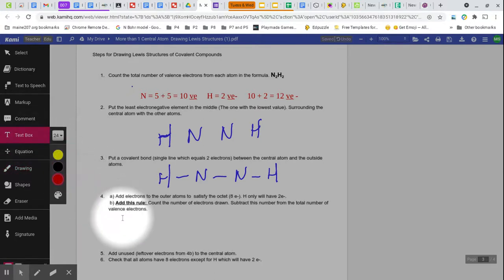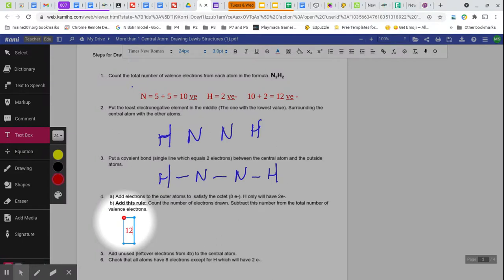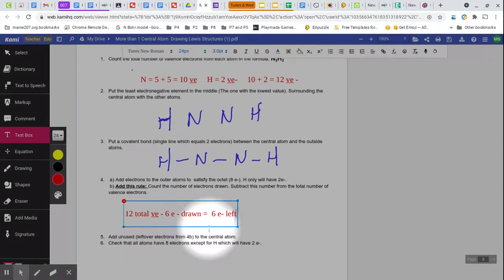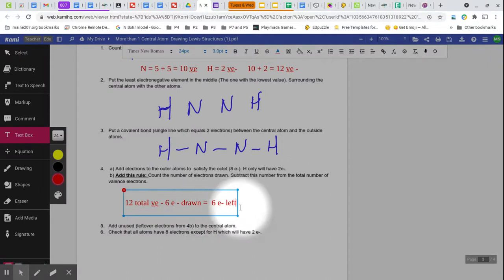So 12 total minus 6 electrons drawn equals 6 electrons left. That means that's what I get to draw. Only 6 electrons, no more, no less. And we draw all of them. We use them all up.